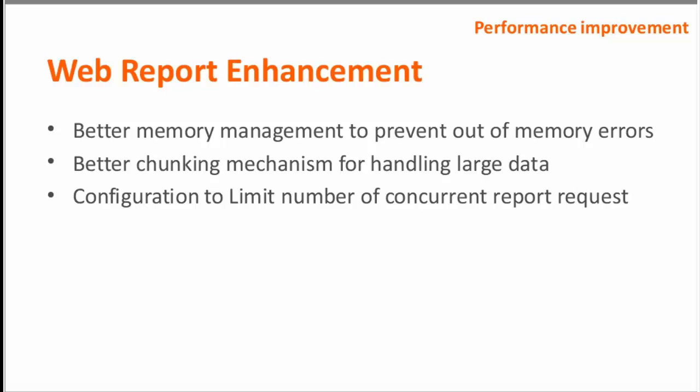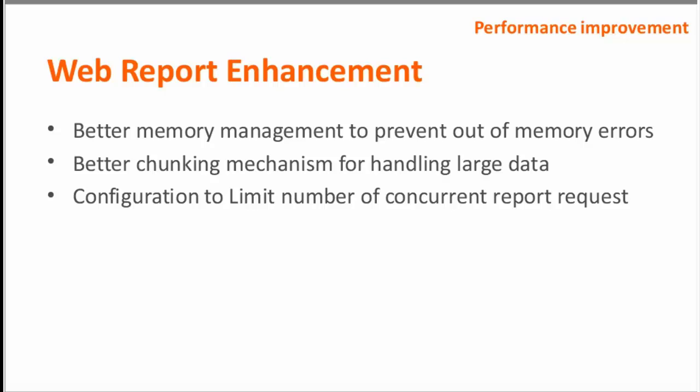We will see the properties we provided for web reports when we see the demo. We also added a new configuration property for limiting the number of concurrent report requests.